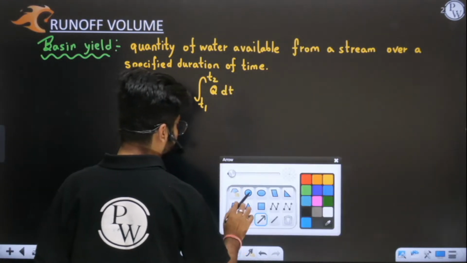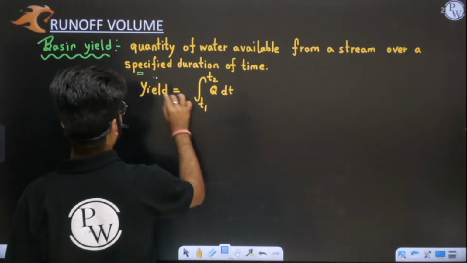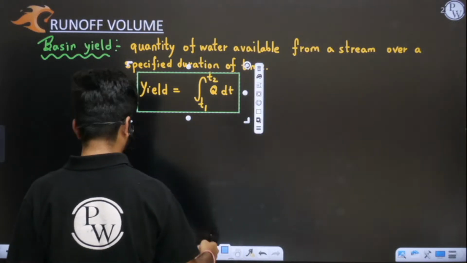You have to find the yield from time T1 to T2. This will give you the yield.